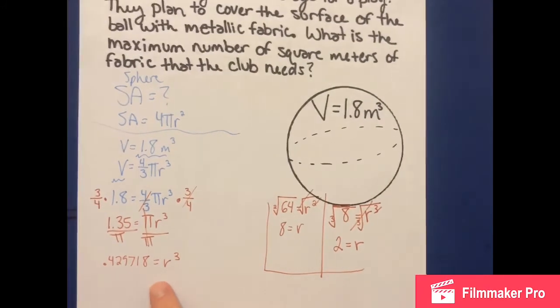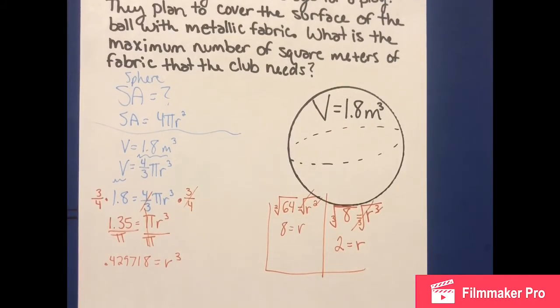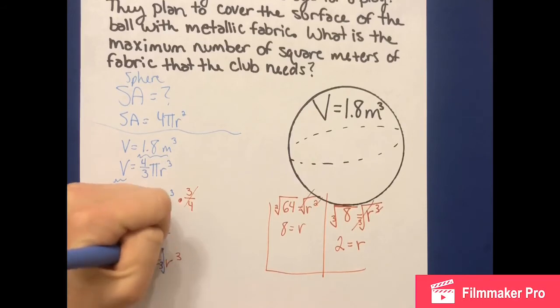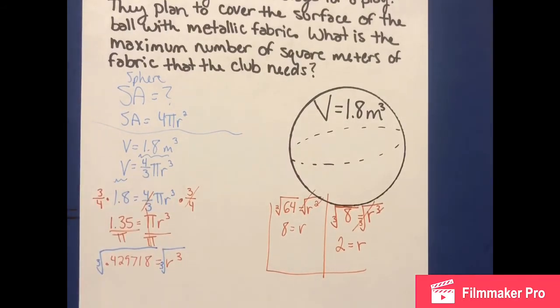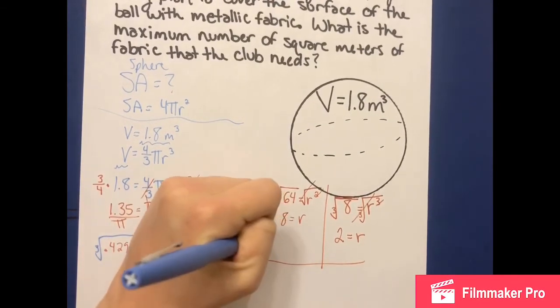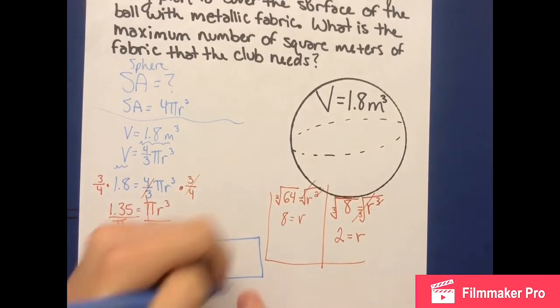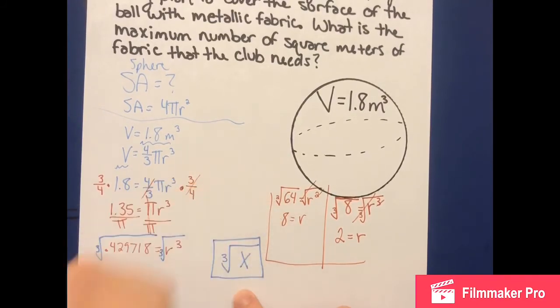So I look back over here and I go, okay, what do I have to do to get my r? I want to take the cubed root of that. It's going to be a button that looks like this. Here, that. So that's what you're going to get in your Desmos calculator, along with if you turn your phone sideways.